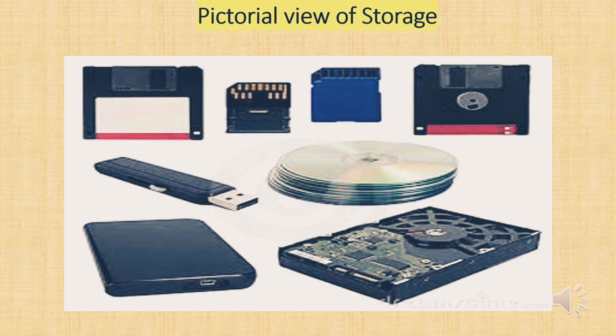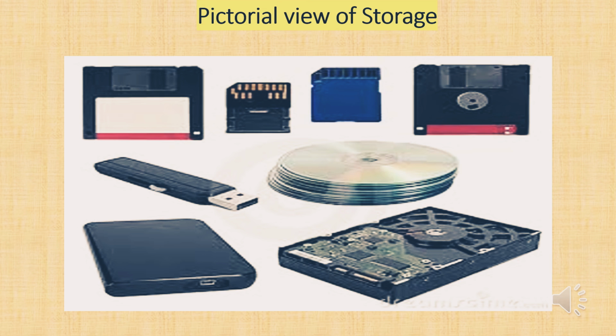Here is a pictorial view of the storage. In this we can observe that there are different types of storage devices such as floppy disk, SD card, pen drives, CD or DVD, external hard disk and the hard disk.